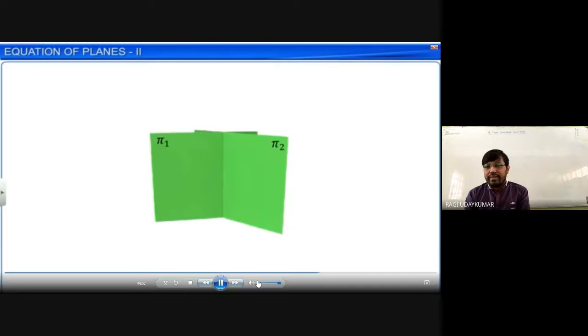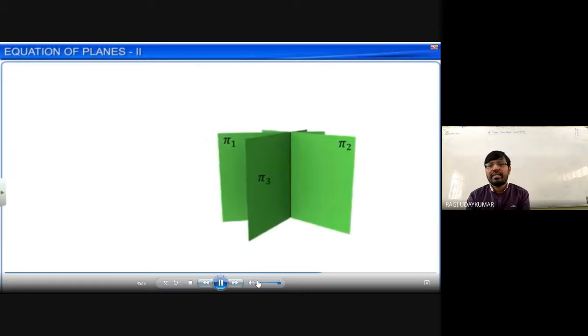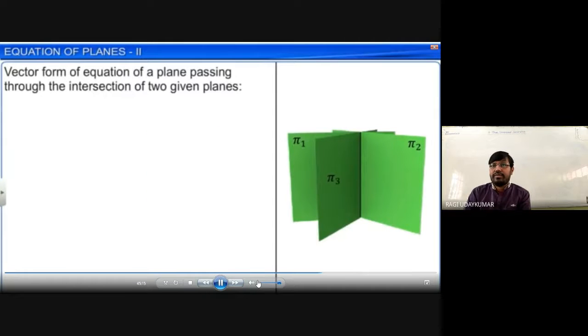Now let us consider two planes, and the two planes are intersecting. How do we find the equation of a plane passing through the intersection of two other planes? Very simple. Pi 1 and pi 2 are the two planes, and we want the vector form of the equation of a plane passing through the intersection of the two given planes.